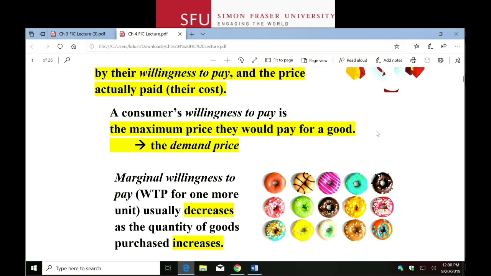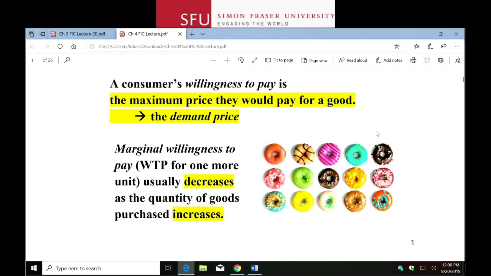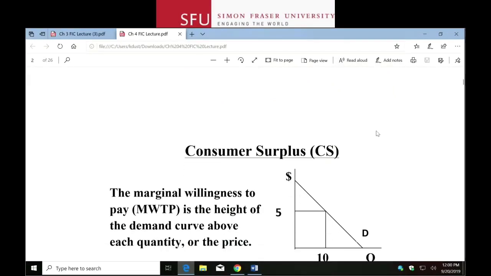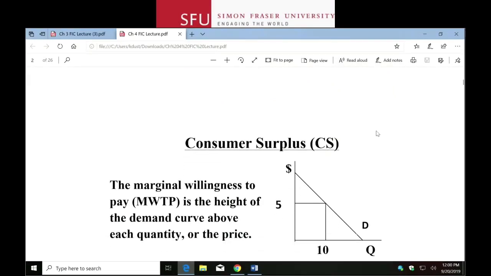All right. Our willingness to pay for the good is also called the demand price. It's given by the demand curve. The demand curve slopes down, as we were discussing in Chapter 3, because people will only buy more of the good when the price goes down. Why is that?